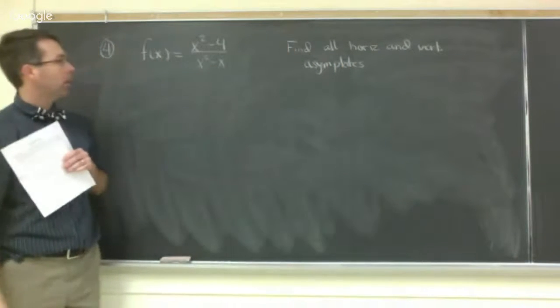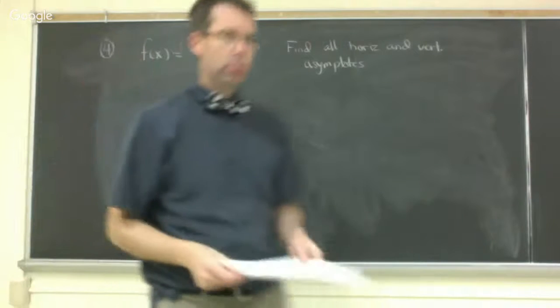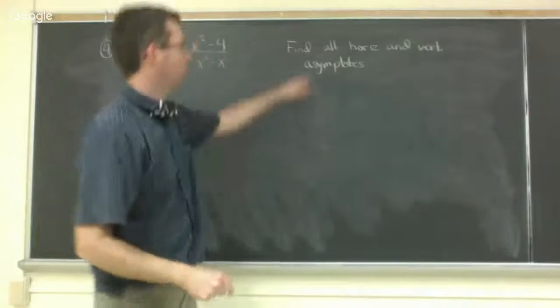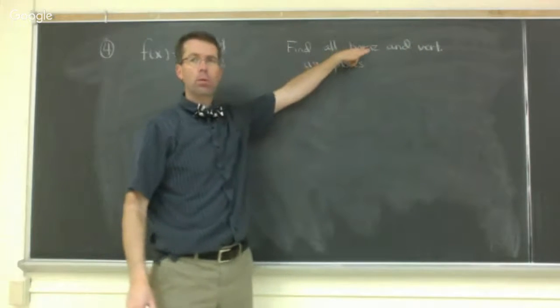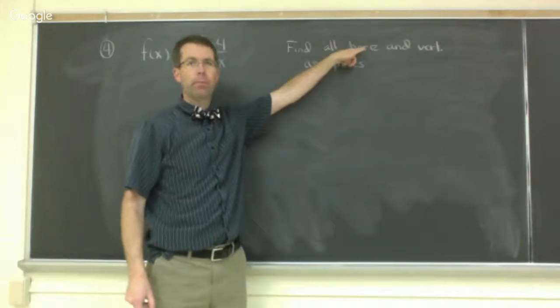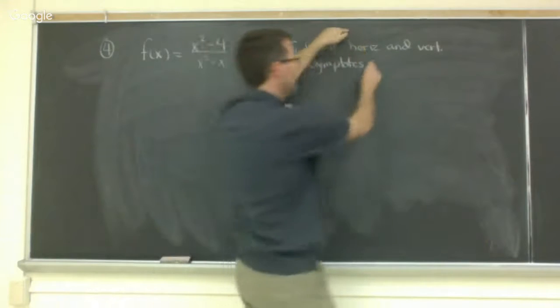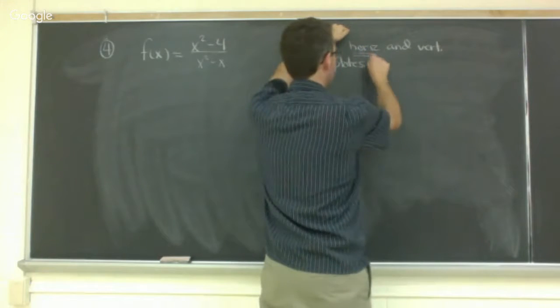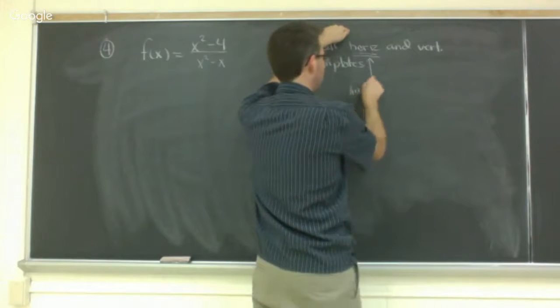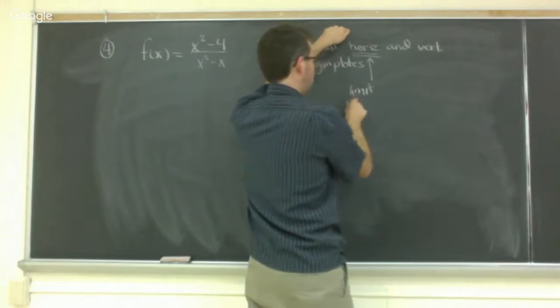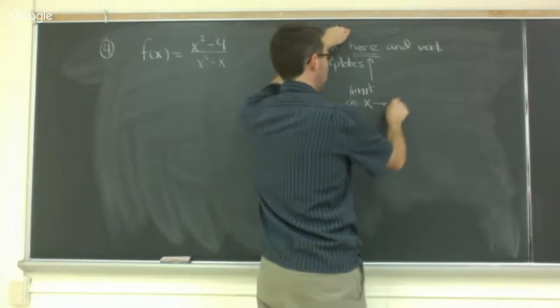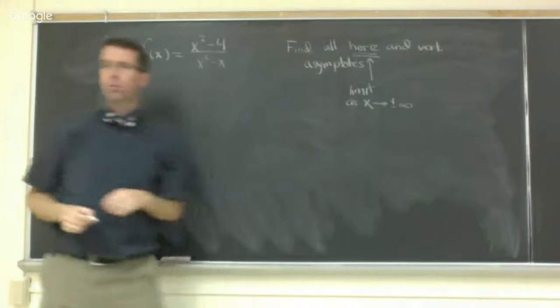All right. So if I'm looking for horizontal asymptotes, what is it that I'm doing? Yeah, so this is a limit. So a horizontal asymptote is a limit as x goes to plus and minus infinity.